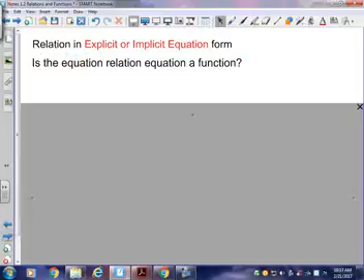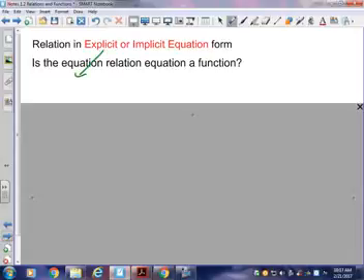All right, a relation can be written 2 different equation ways. Some are explicit and some are implicit, and this is very important vocabulary, especially for people who are going into high-level math classes, because explicit are your y equal to's that are real easy to work with, and implicits are not.